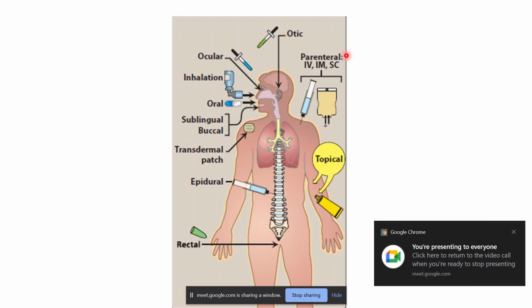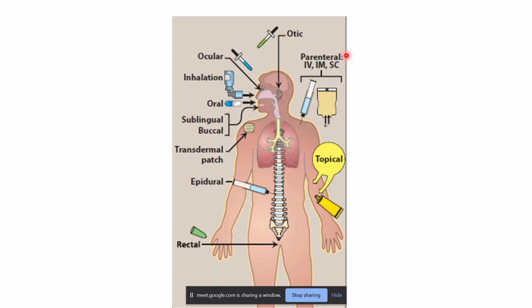So the intravenous is the most common parenteral route, and it is useful for drugs that are not absorbed orally. The intravenous route is the fastest route, and the onset of action is faster than any other.